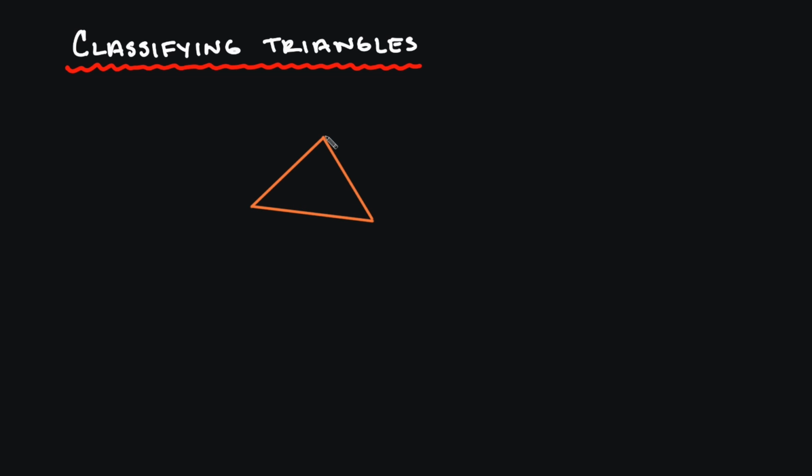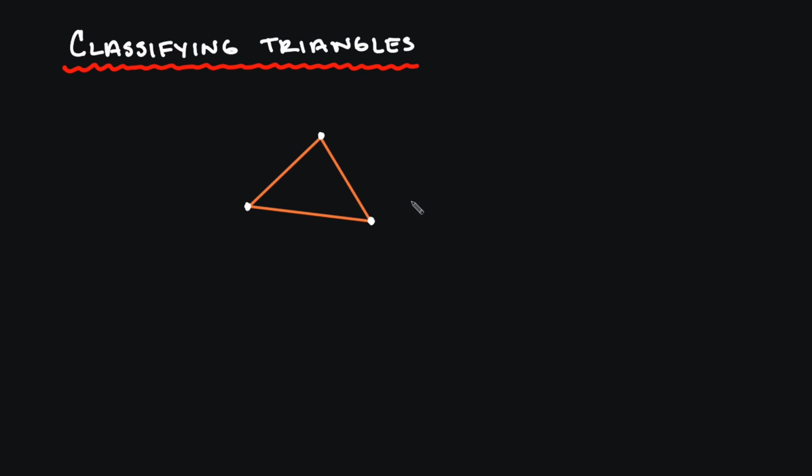So if we have a triangle like this one, we can mark these points that are called vertices. And this vertex joined the sides. So you have three non-collinear points that are joined by these line segments.